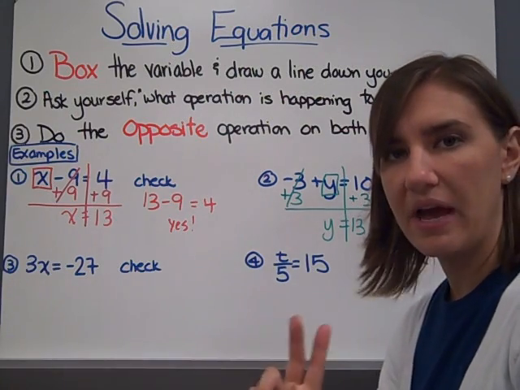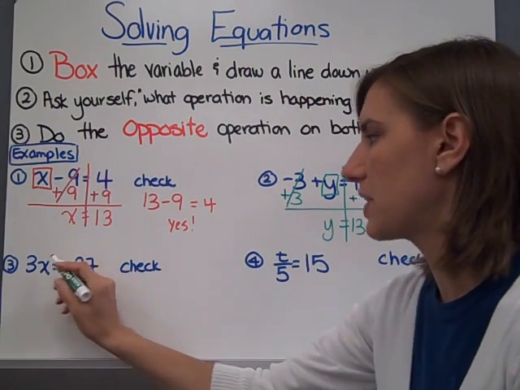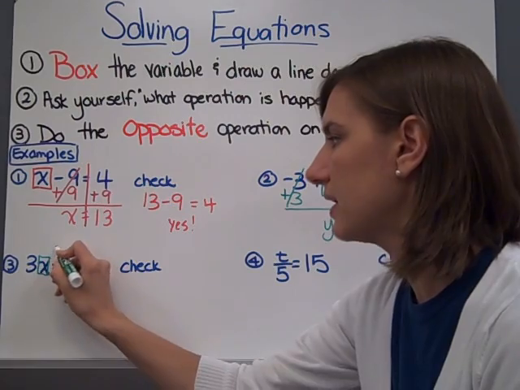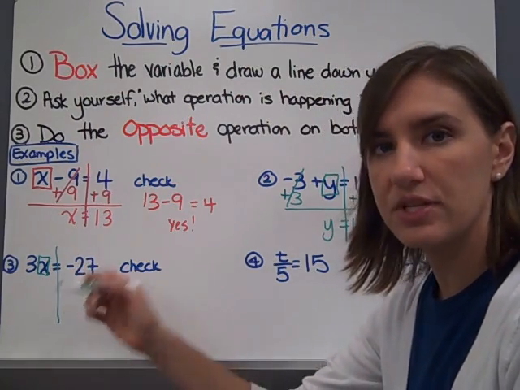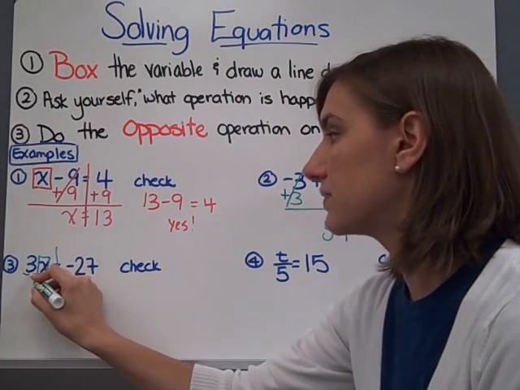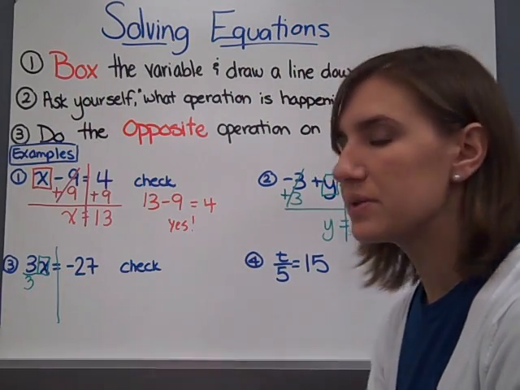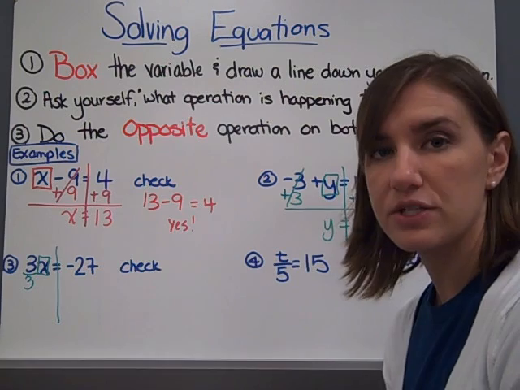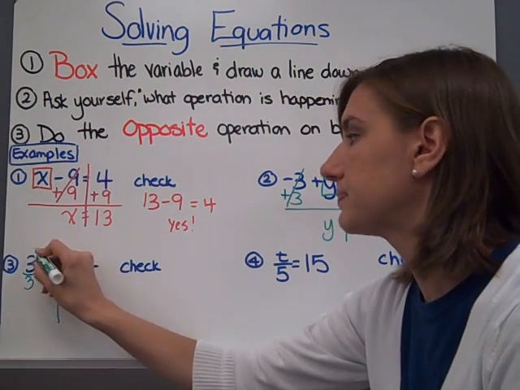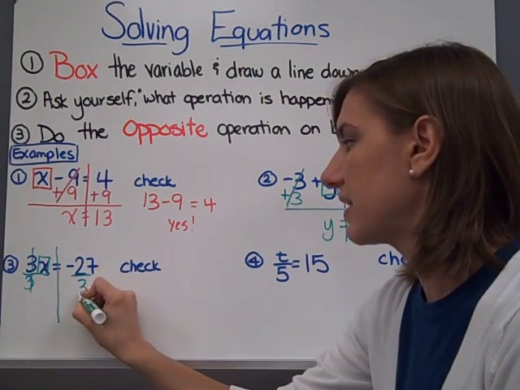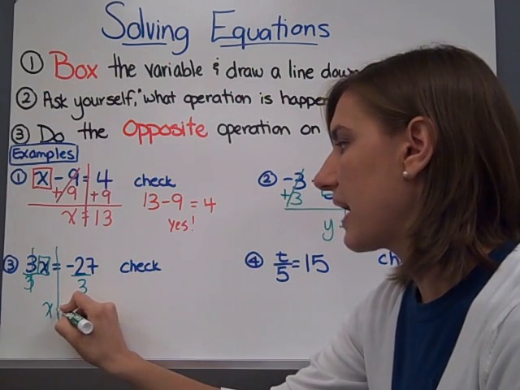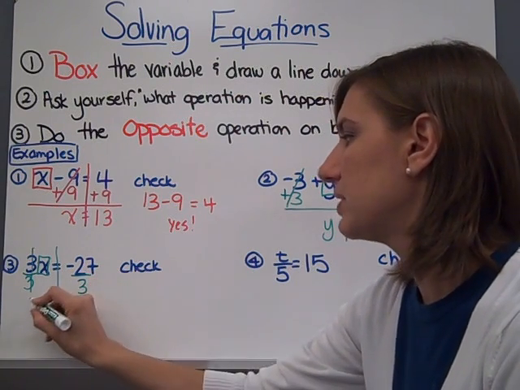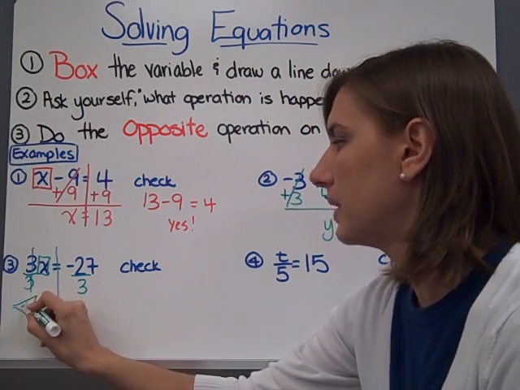Number 3, when you have a variable and a number next to each other, you're going to multiply. So since that is multiplication, the opposite is going to be division. So divide by 3. And remember, we're going to use a fraction bar. Don't use the little division symbol, because some answers actually may come out as fractions. So then we divide by 3. Since we're dividing and we have a negative number, I'm going to use my sleeping dog.